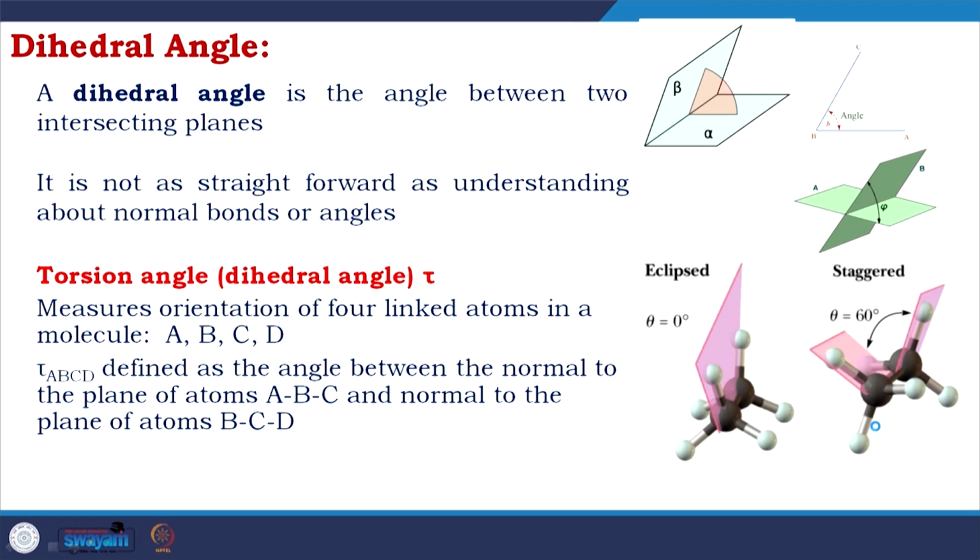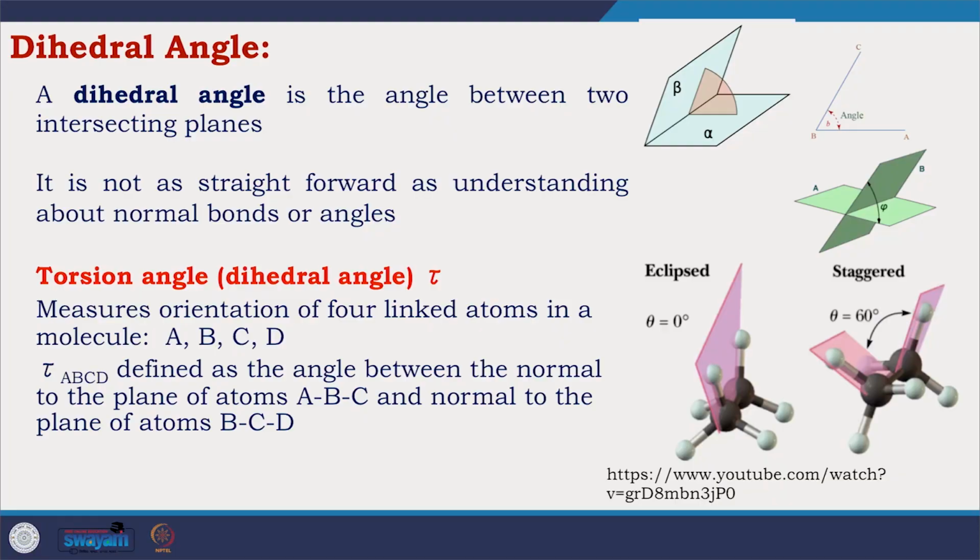In this, it is called eclipsed or anti and syn, and this is called gauche or staggered. So, when you have this head to head, theta equal to 0, they are called eclipsed or syn, and when you make a 60-degree angle, it is called staggered or gauche. Now, I have given a link.